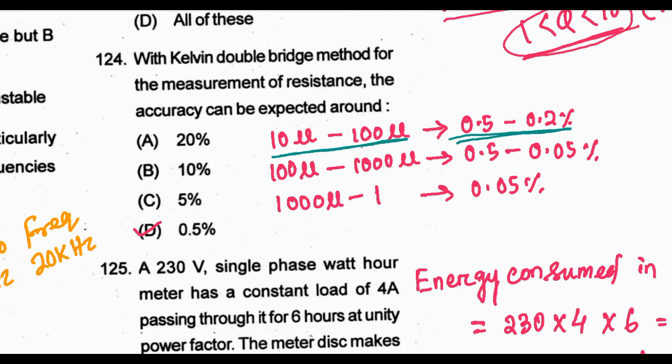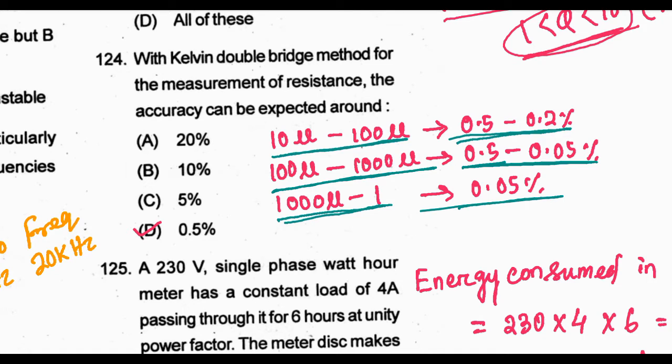Similarly for 100 micro ohm to 1000 micro ohm, it is 0.5% to 0.05%, which means accuracy improves with the increment of resistance value. Another range is 1000 micro ohm to 1 ohm, which is 0.05%.